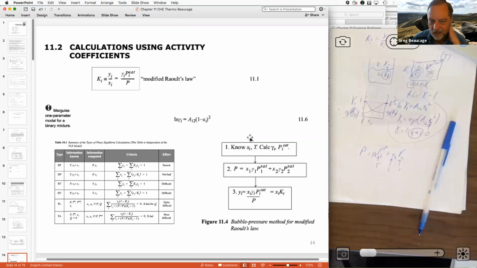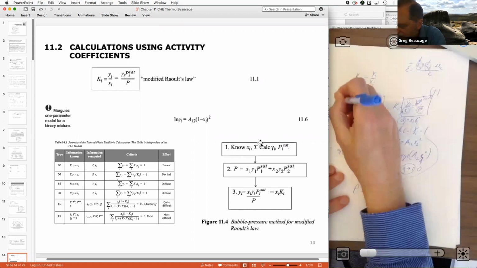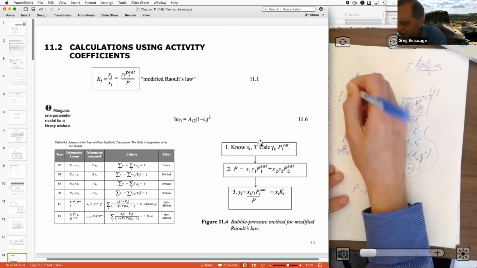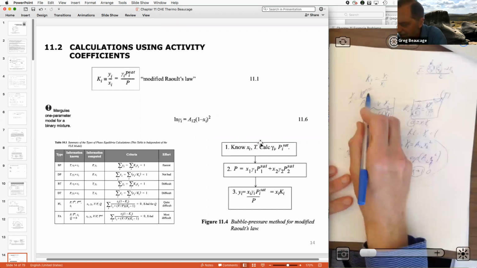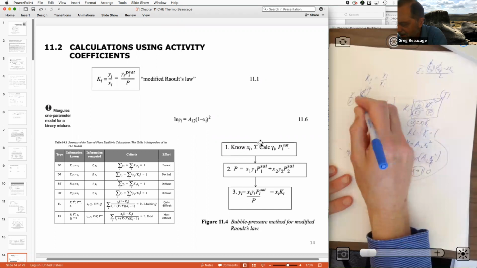Then you can solve for y from x, because the equation is y over x is Psat over P times gamma. If you assume gamma is 1, you know Psat, you know P, then you can get y from x.